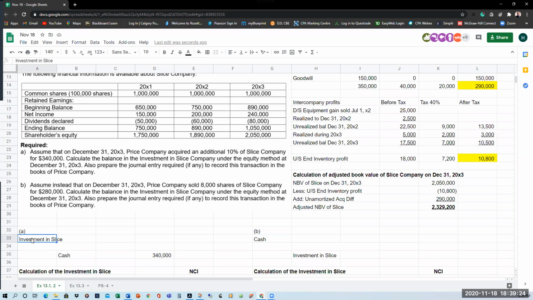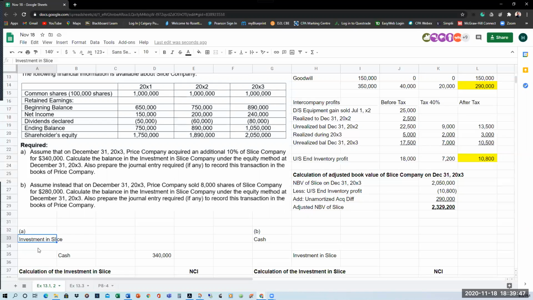Now, normally what would we do? Normally we would credit cash for the 340,000, debit the investment, 340,000. Here, though, we don't, okay? Because Price Company already has control over Slice. So Price is already the parent company of Slice.